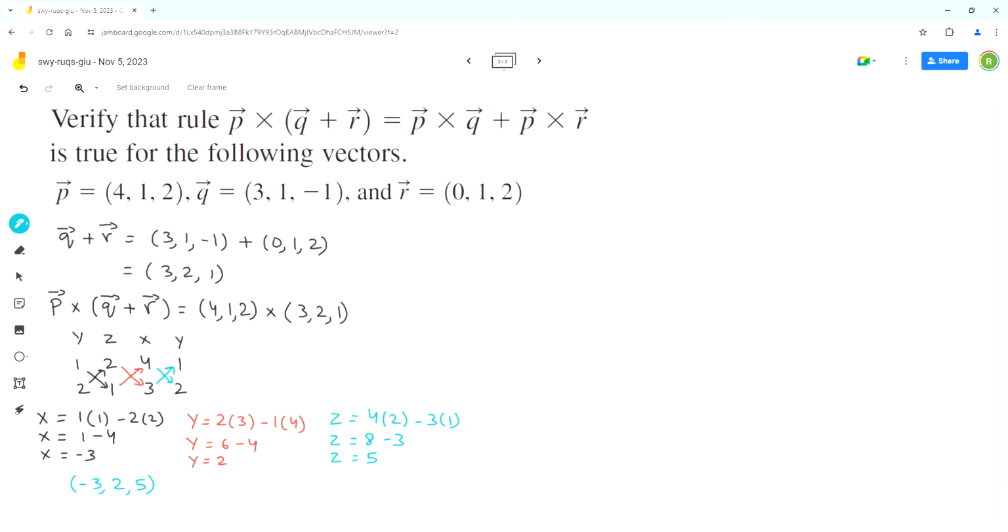Now let's evaluate the right side of the rule equation. So first we have to do the cross product for vectors P and Q. Now we can stack their y, z, x and y components.